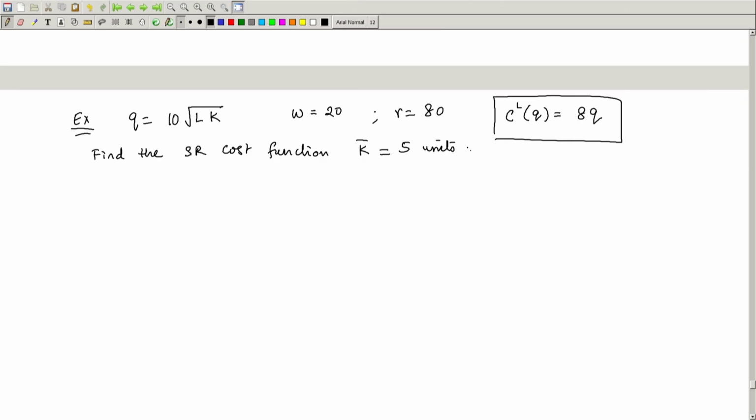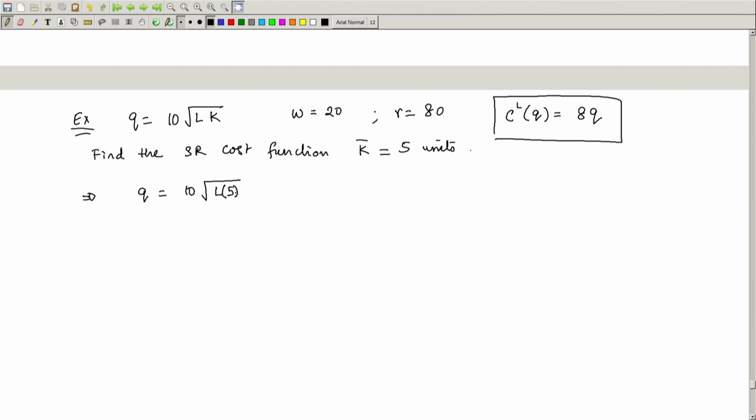Now, if K bar is equal to 5 units, what will I have? From the production function, once you fix the amount of capital at 5 and you want me to produce Q units of output, Q is equal to 10 times square root of L times K bar, which is 5, and that is what determines the amount of L. You tell me Q is 140, I will tell you that L is equal to 39.2.